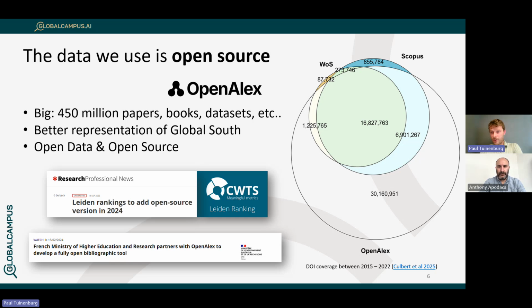It has a much better coverage of the Global South, which is especially in the peer review use case useful, to also find people outside the obvious institutions that you can invite to be a peer reviewer.